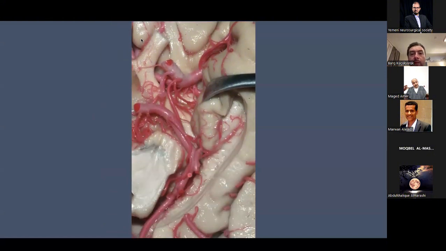Here, this is the anterior segment of the uncus, the apex of the uncus. The anterior segment of the uncus is retracted to expose the anterior choroidal artery here. And then we see the P1 and the P2A segment of the posterior cerebral artery, which courses in the crural cistern next to the posterior segment of the uncus.